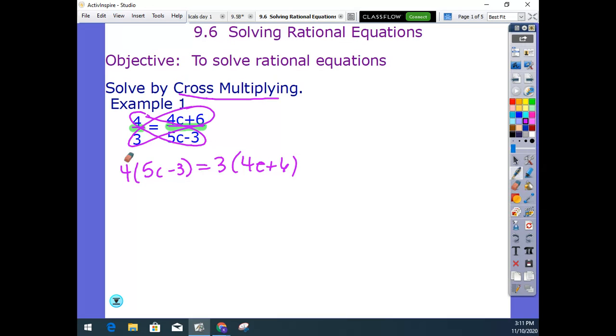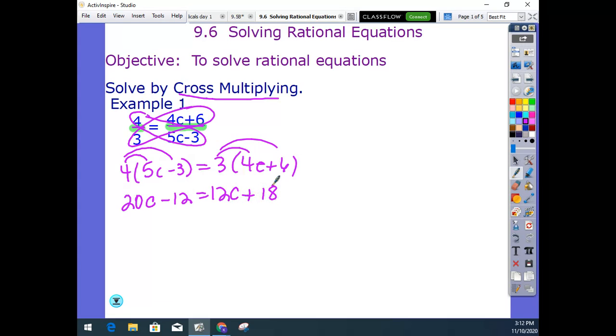Now we need to distribute. Distribute again. Now just solve for the variable. So I'm going to get the variable on the same side.